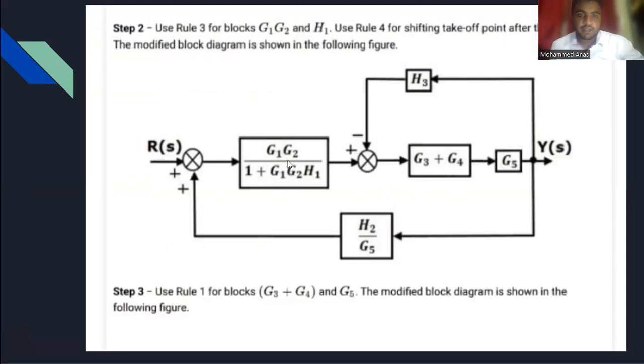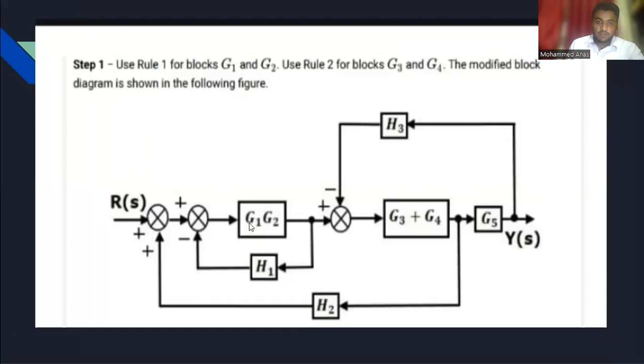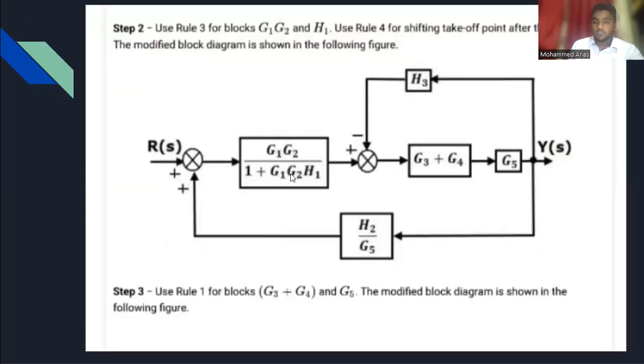Using the very important minor loop rule to eliminate this loop, we get the output as G1 G2 divided by 1 plus G1 G2 H1.